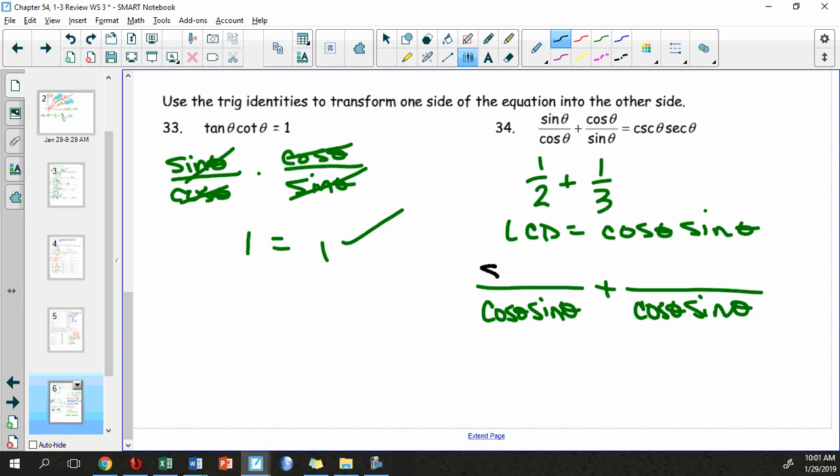So I'm going to drop down the original numerator, and I'm going to tack on what I multiplied by. Yes? Go to the second fraction. What did I multiply the denominator of sine by to get the new denominator cosine sine? Cosine. What you do to the bottom, you do the top. So I'm going to drop down the original and tack on another one.